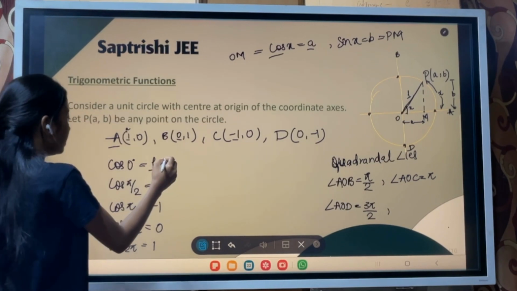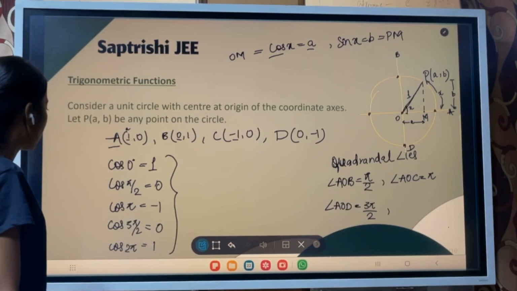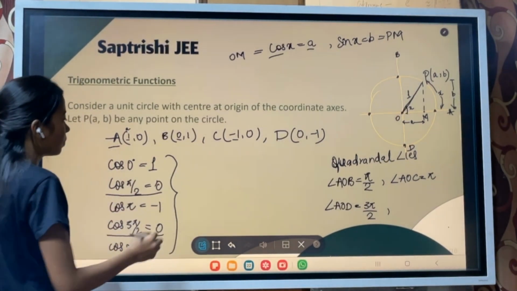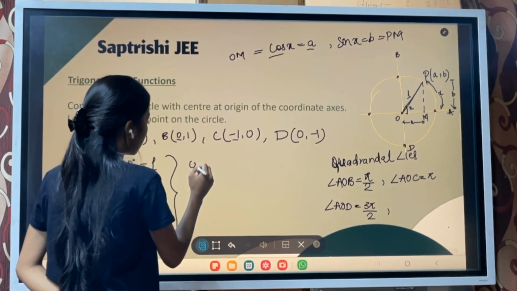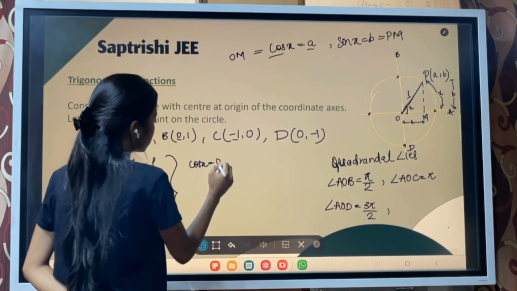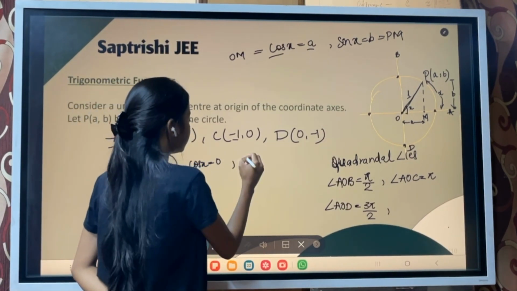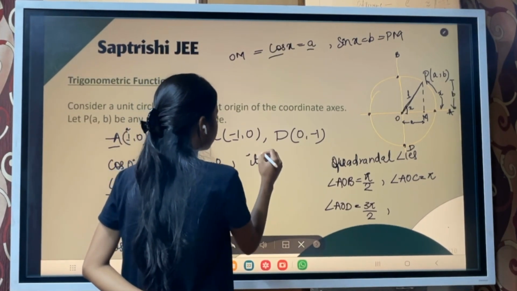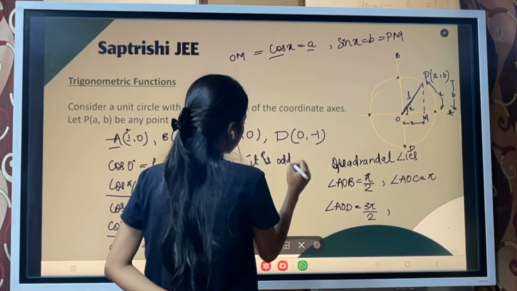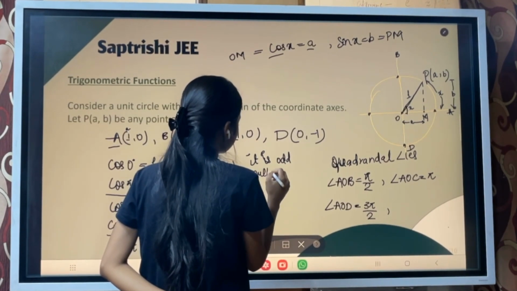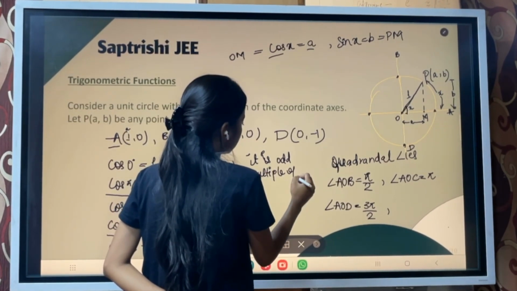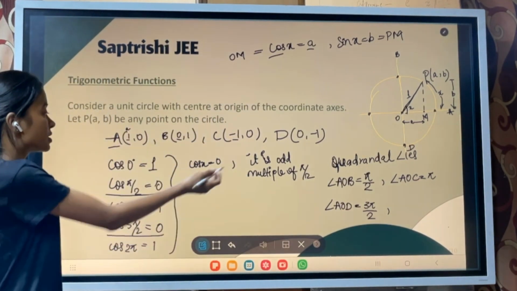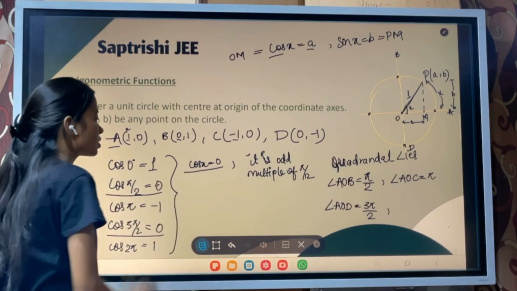Okay? If we analyze this, what we can see for cos is that for an odd multiple of pi by 2, cos x is 0. So when x is an odd multiple of pi by 2, we get cos value as 0.